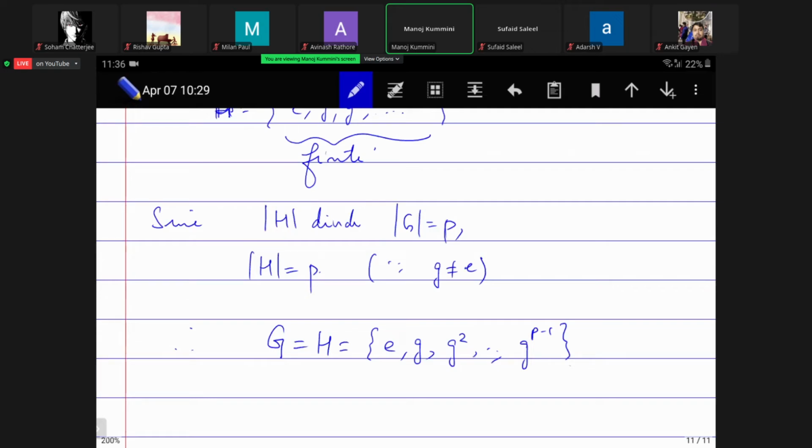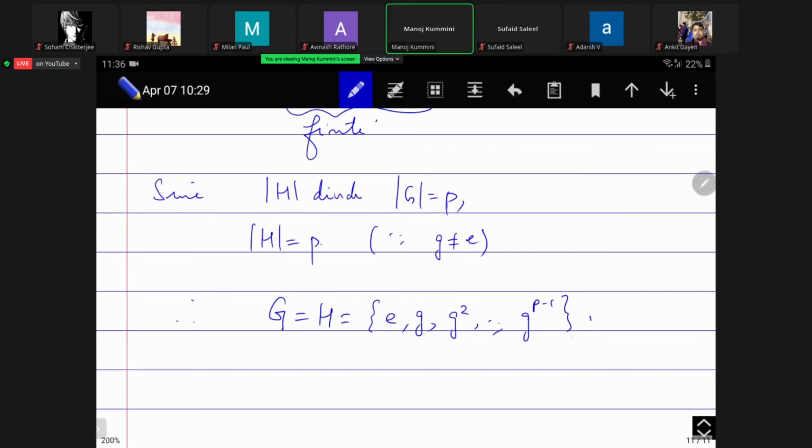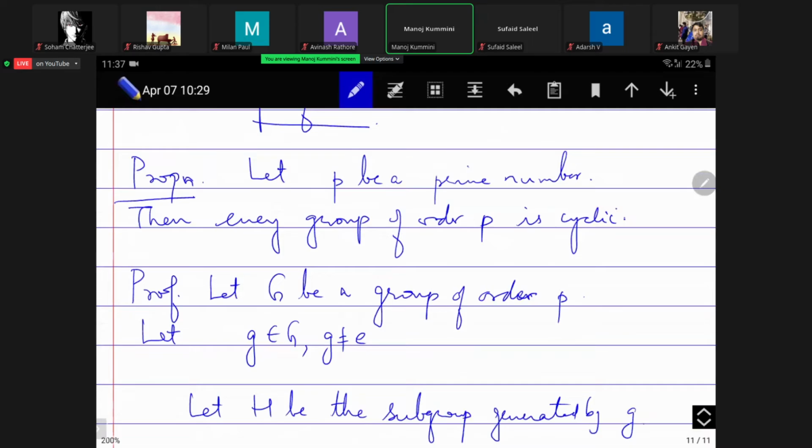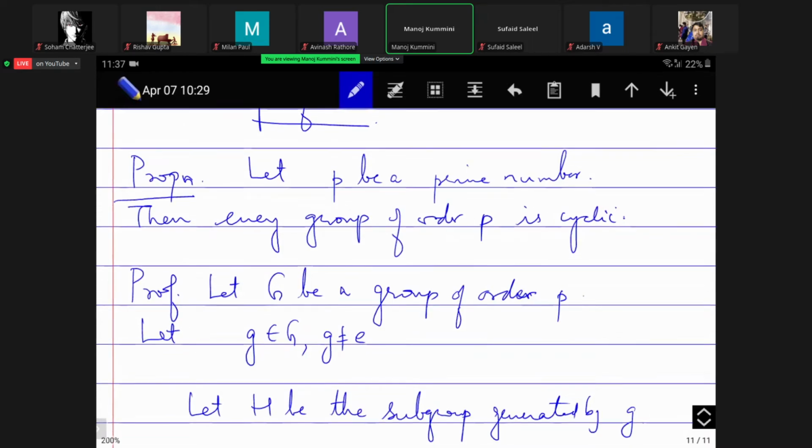It cannot be a smaller number that equals identity, because then H would have a smaller size, but no smaller number divides P other than 1, and we know that it has more than one element. It has e and g, which are distinct. Okay. So every group of order prime is a cyclic group.